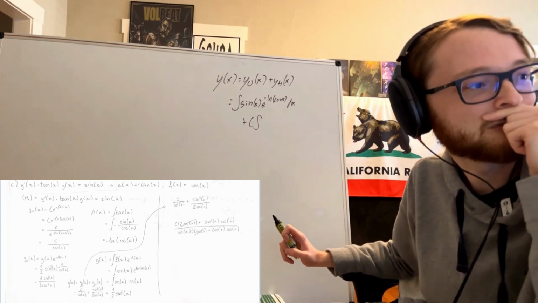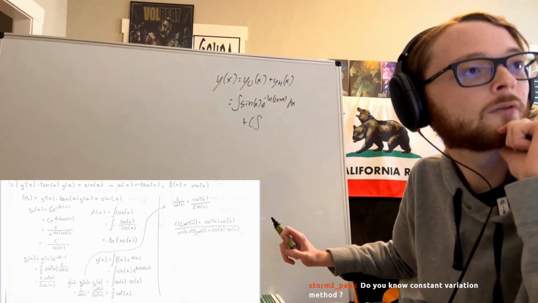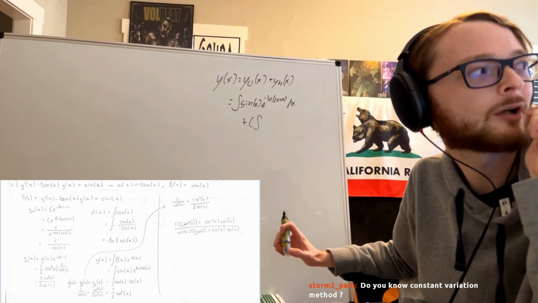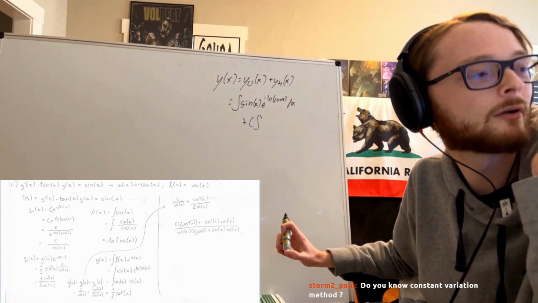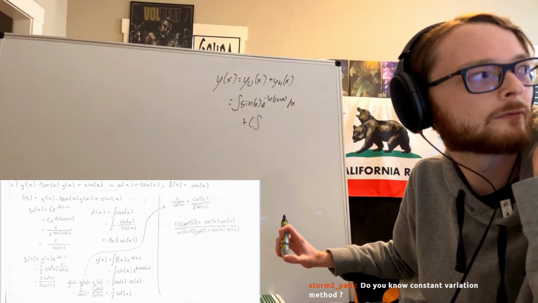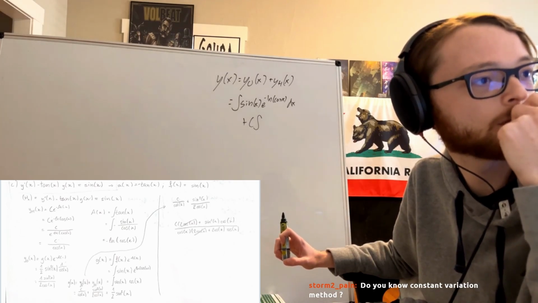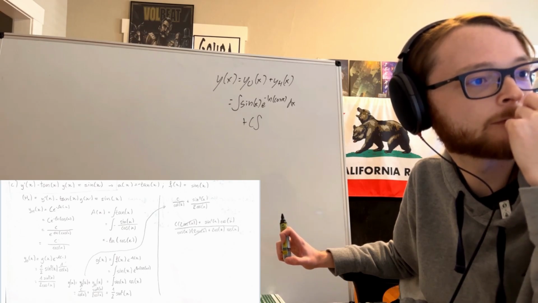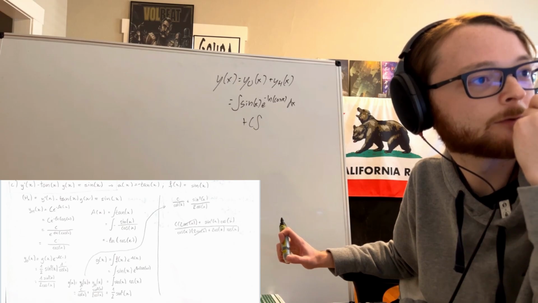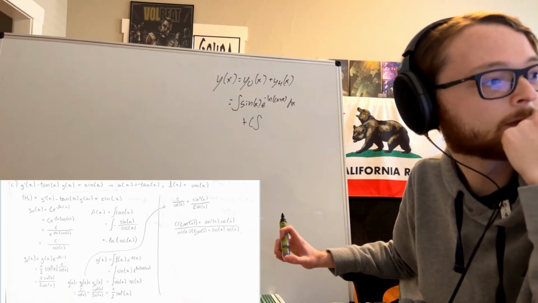Constant variation method? I think it's called variation of parameters. I know it in the context of second order. Actually, for first order, I think it works the same, but you have to have a good initial guess, and I don't know the format for the guesses for first order. I guess it'd be e to the something.